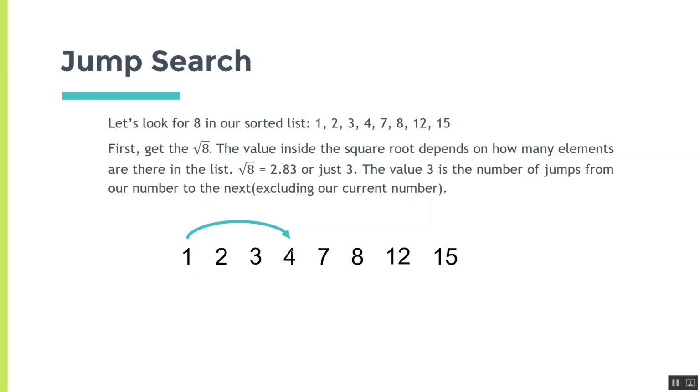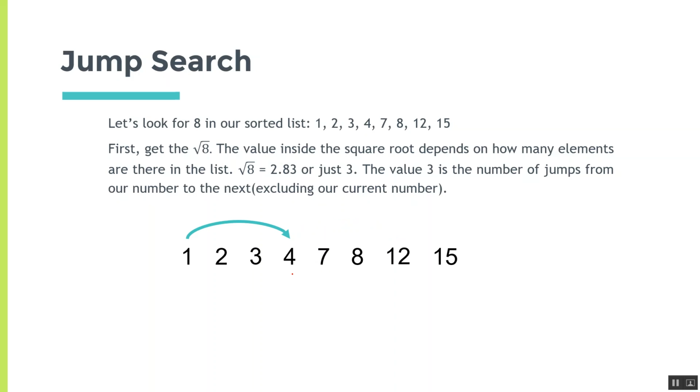So now our current value is 4. Is 8 equal to 4? It's still not equal to 8. So from 4, we will jump again 3 numbers to the right, excluding our number. So we have 12. Okay, so here, class, you need to also check, if the current value is not equal, whether that is less than or greater than.